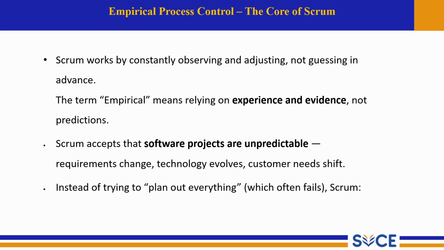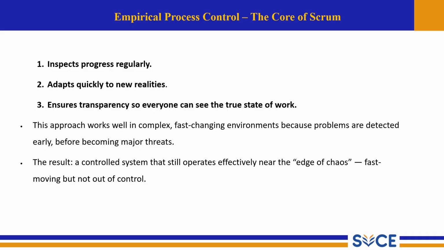Instead of trying to plan out everything, which often fails, Scrum inspects progress regularly, adapts quickly to new realities, and ensures transparency so everyone can see the true state of work. The progress is checked regularly, changes are made quickly, and everyone sees the true state of work.